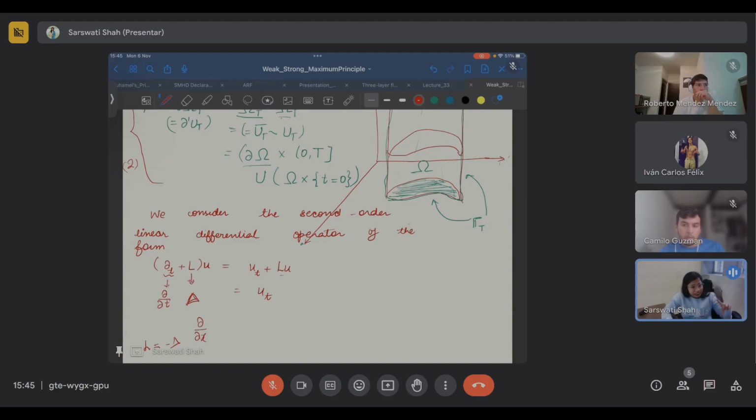L has a specific thing that it contains the sum of the spatial derivatives, not the time derivative. Only spatial derivatives. That is the thing. Minus. According to the Evans notation, what is this? Del 2 over del xi del xj.